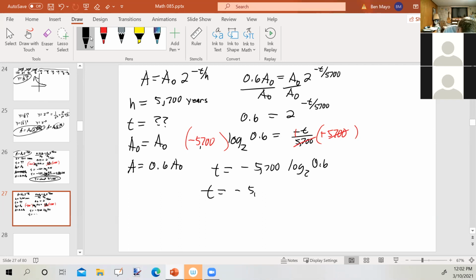Using the change of base formula, we'll go log of 0.6 over log of 2, and then to the calculator.